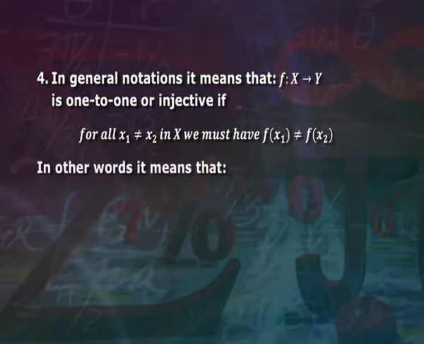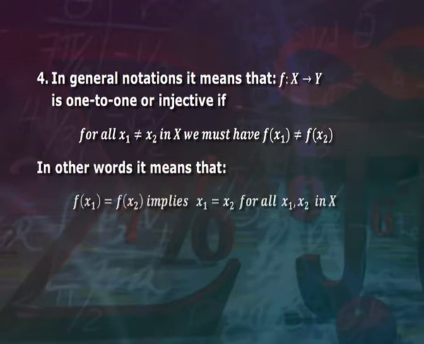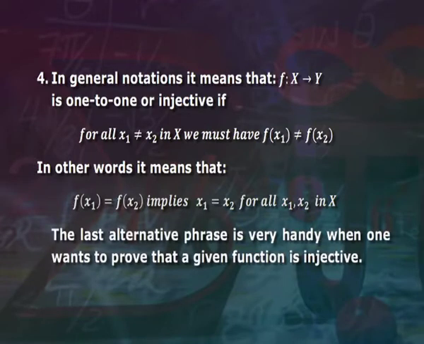In other words, if f(x1) equal to f(x2), then x1 equal to x2 for all x1, x2 in X. The last alternative phrase is very handy when one wants to prove that a given function is injective.